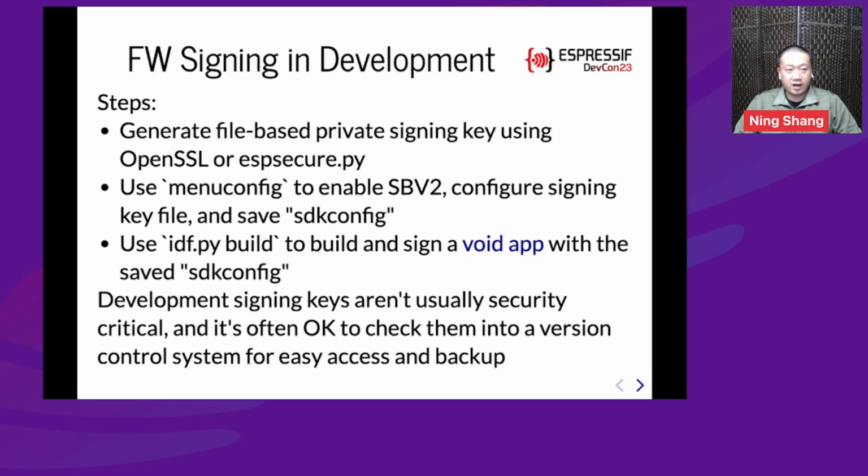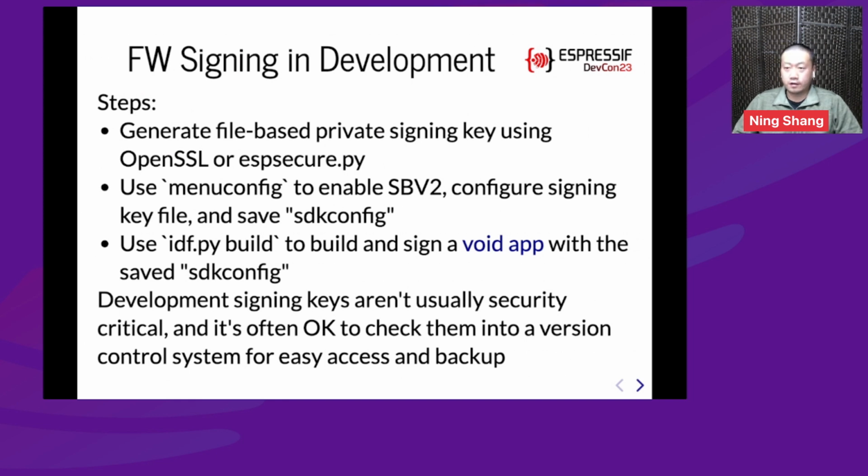Signing in development can be done in this way. First, we generate file-based private signing keys using software tools like OpenSSL or the IDF tool. Then we use menuconfig to enable Secure Boot v2.